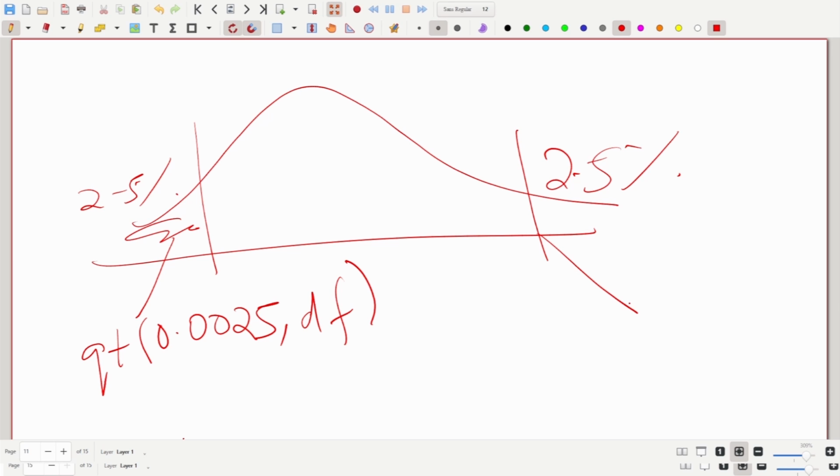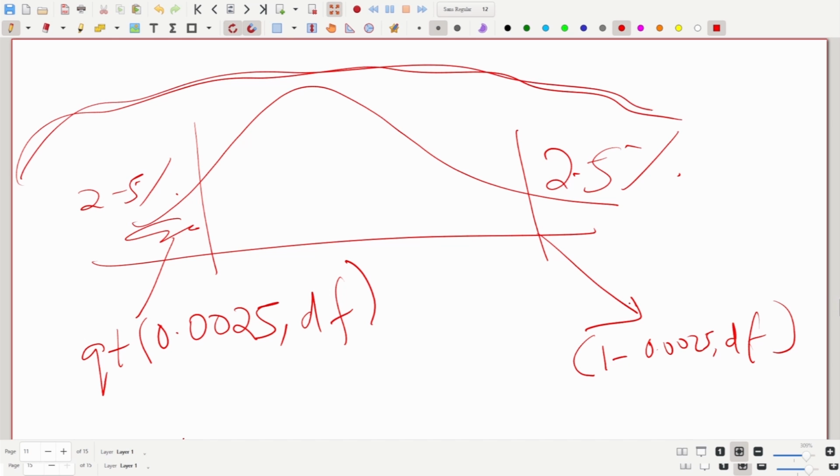This will be 95 plus. This is 1 minus 0.025 df. Why? Because this complete area is 1, and we are reducing this.